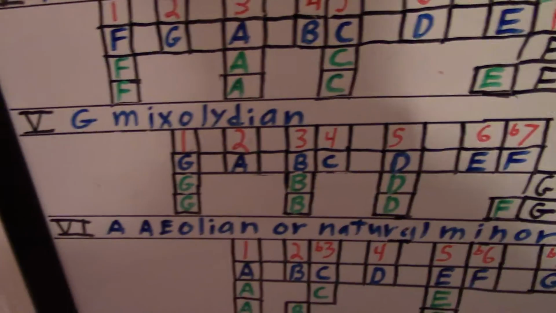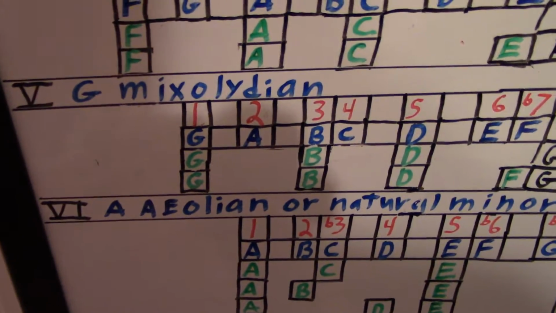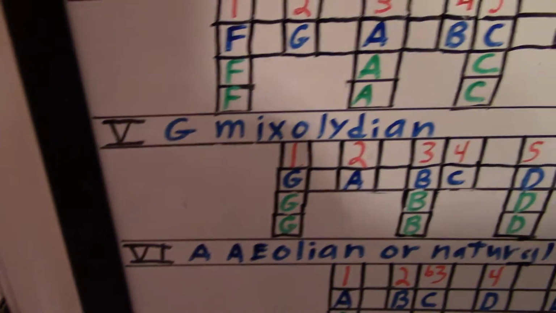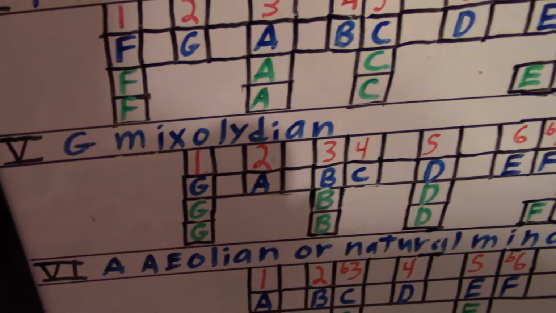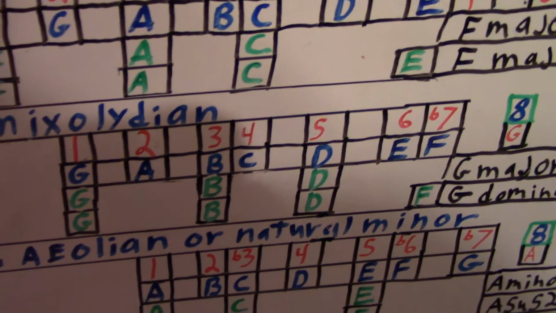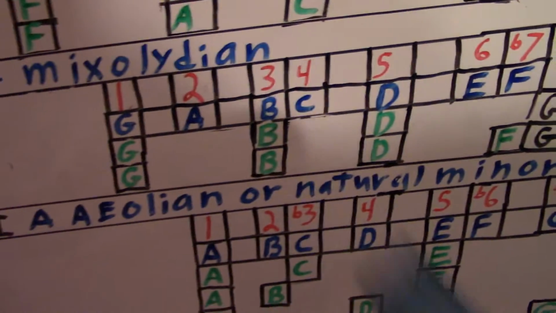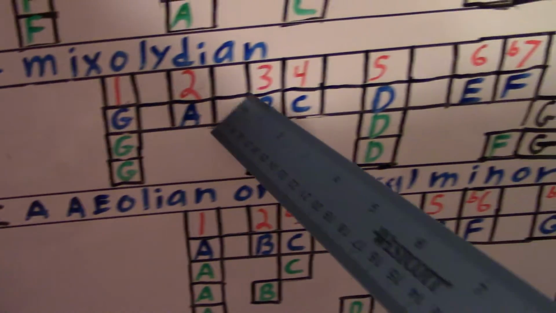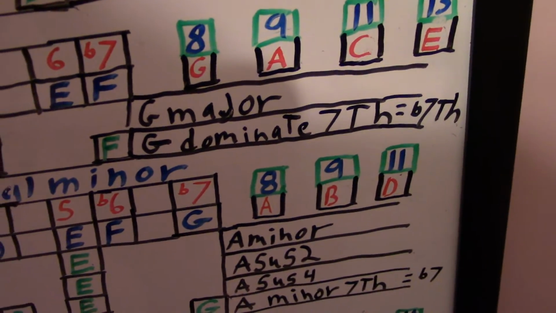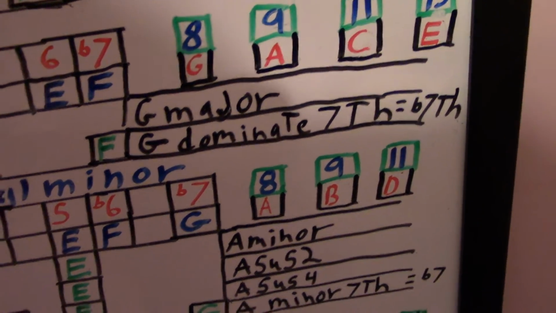Okay, we have G Mixolydian, which is the fifth mode of the C major scale. And that is a major mode. Why? We have a root, third, and fifth, which is G, B, and D. We have a G dominant 7th.